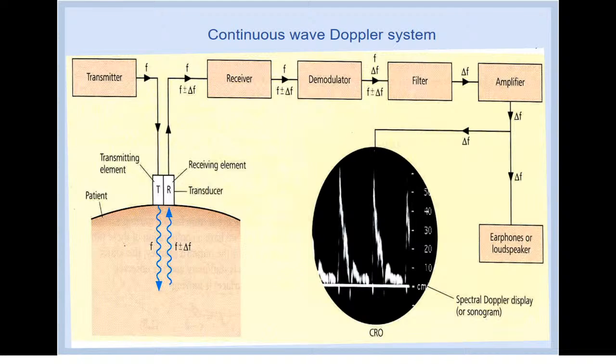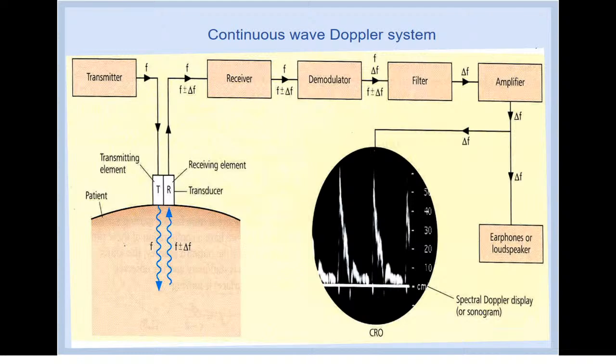The filter removes any frequencies other than delta F. The amplifier further amplifies the remaining signal. The recorder analyzer may simply be the ear using headphones or a loudspeaker, since typical Doppler shifts lie within the audible range.